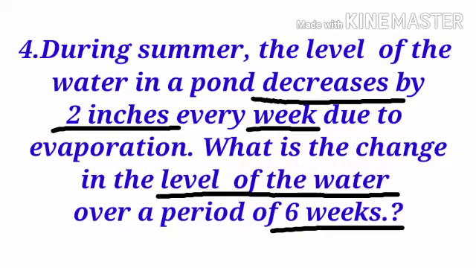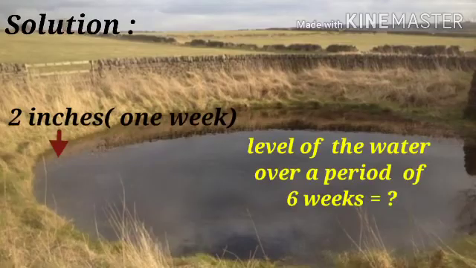During summer, the level of the water in a pond decreases by 2 inches every week due to evaporation. What is the change in the level of the water over a period of 6 weeks? Students, due to evaporation, water decreases by 2 inches. As informed earlier, the word decrease or reduce is denoted by a negative integer.